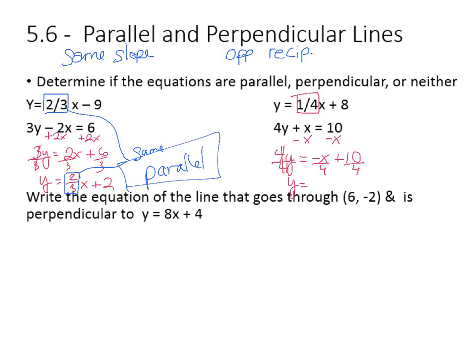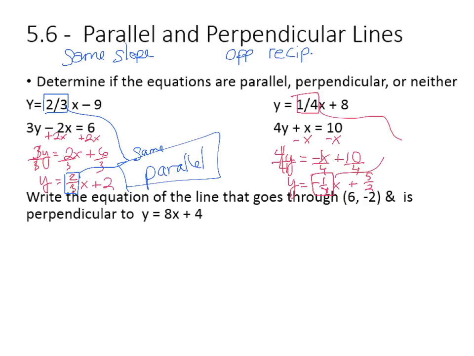Y equals, and think of this as like a negative 1x. That means the slope is negative 1/4, plus 10/4. I could reduce that to 5/2. That's not very pretty, but I don't really care because all I'm looking at is the slope.